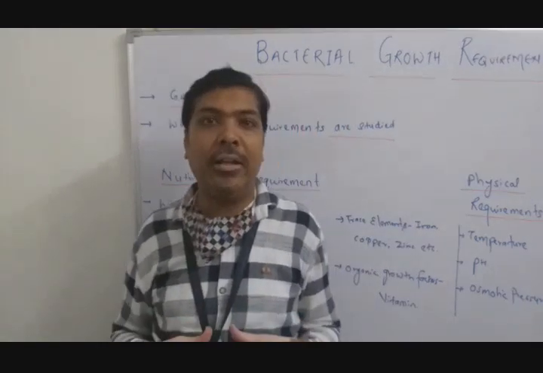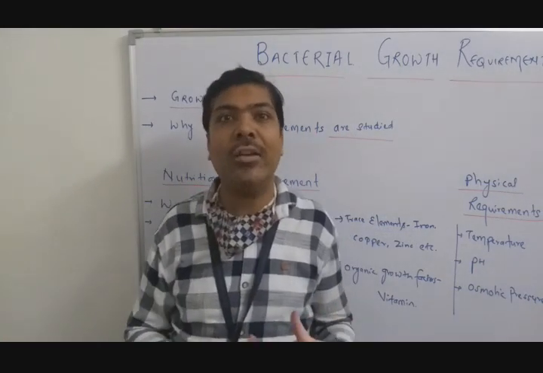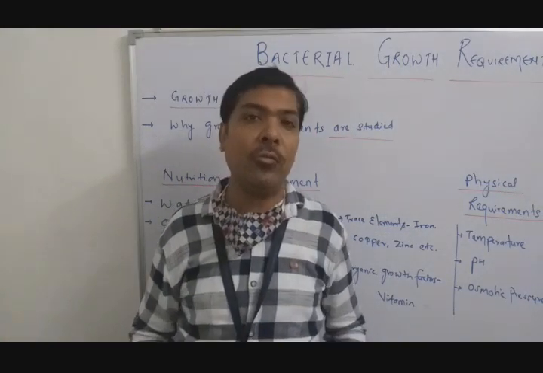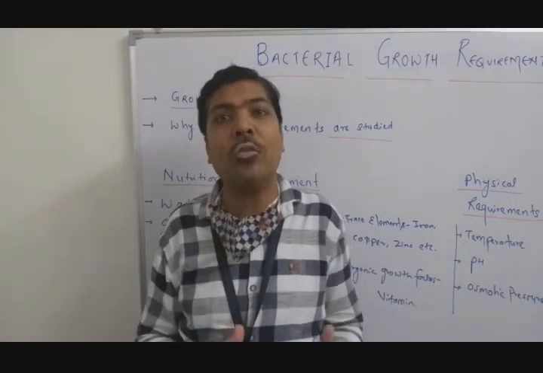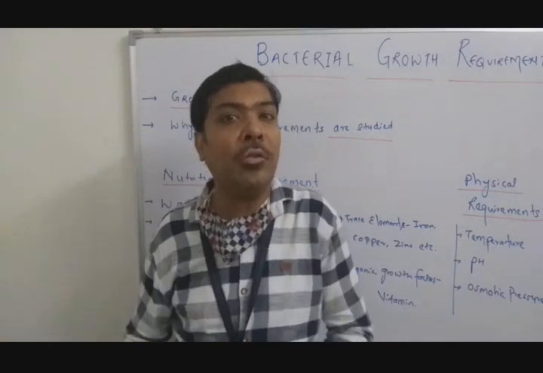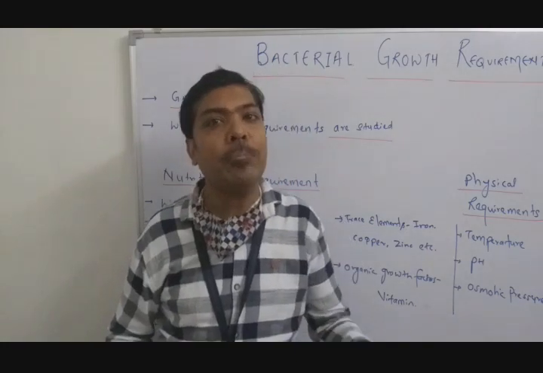If the number of bacteria in the initial culture is very low, then we have to increase the number, so that we have enough bacteria to be utilized for performing that particular experiment.